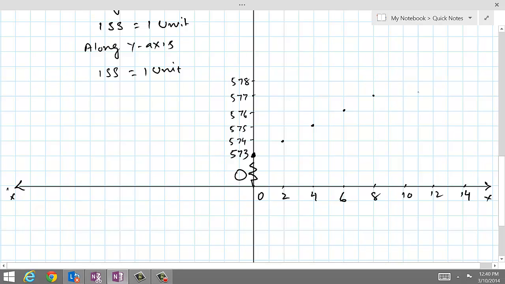And at 10, this should be 578. And now the pattern is clear that all these points are on a straight line, and we can draw this straight line through these points, and this is that straight line.